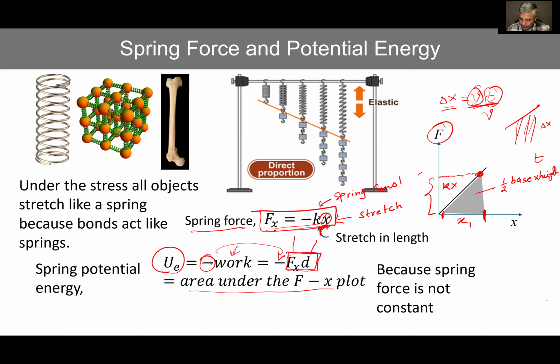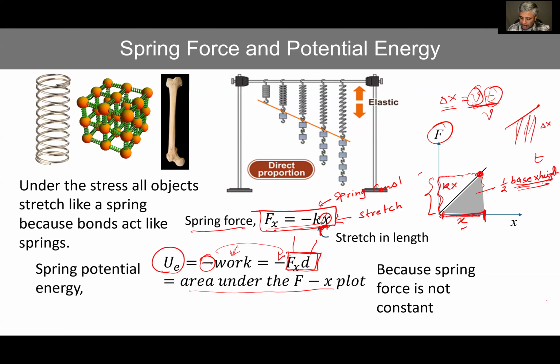So the base is going to be x, depending on what you like to denote it with. But since there are no two values of x's, I will just be using the x, rather than x1. So x here, and this is going to be kx. So we are just looking at the length here. This is going to be base and kx is going to be height.